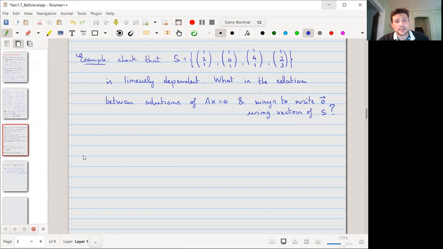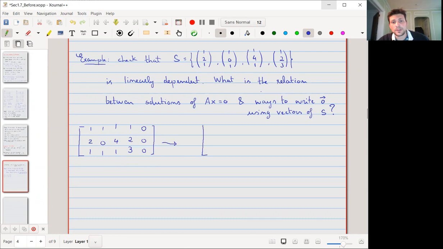Okay, so to check that it's linearly dependent, our best method so far is that of trying to look at the associated homogeneous linear system, the system AX equals 0, where A is a matrix whose columns are the vectors of S, and now we want to row reduce it.